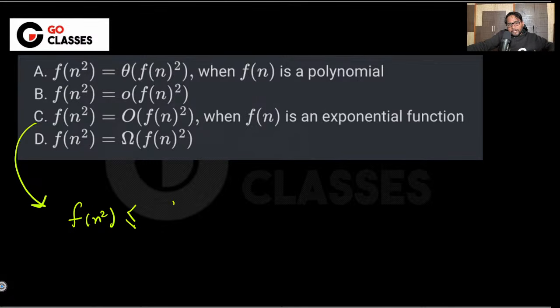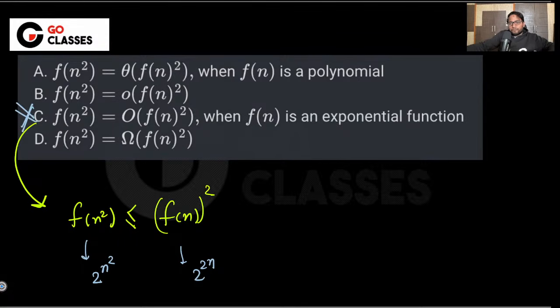Okay. F of n whole square. See, f of n square we have seen, if you take 2 power n square, it is 2 power 2n. We have seen this is strictly greater, right? Since it is strictly greater, that's why C is also false. We have seen, for B and C we have the same counter example, right? So C is also false.